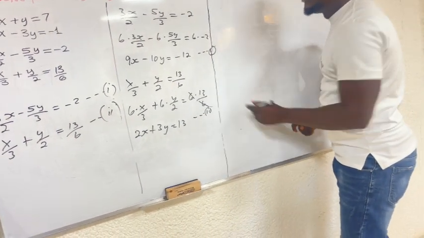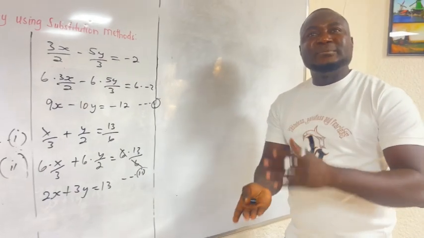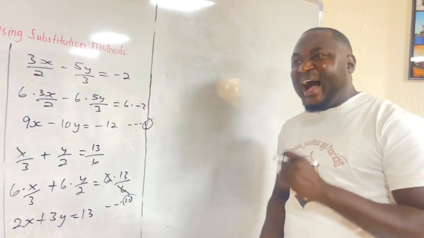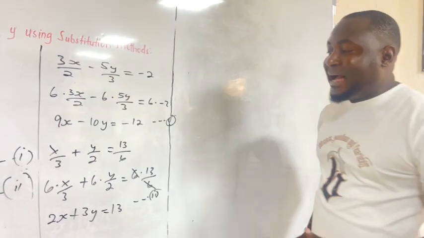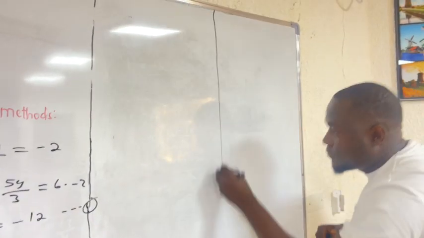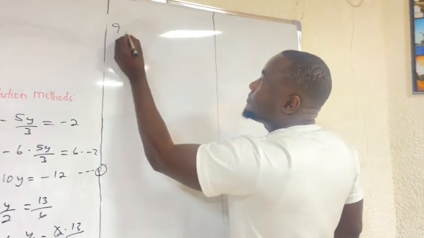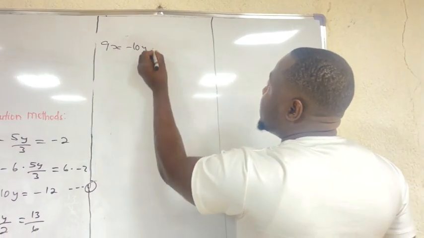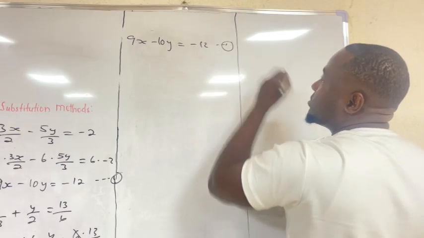So now what we're going to do, we are to combine the two equations and solve them simultaneously. That is, for us to solve them together in order to get the value for the unknown variables, x and y. So now combining the two equations, we got equation 1 is 9x minus 10y is equal to negative 12, which is equation 1.